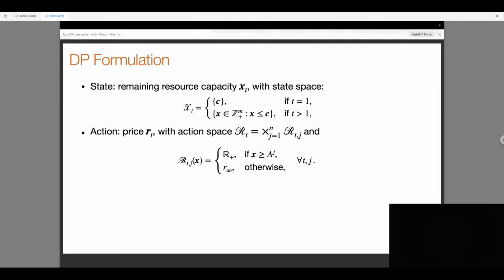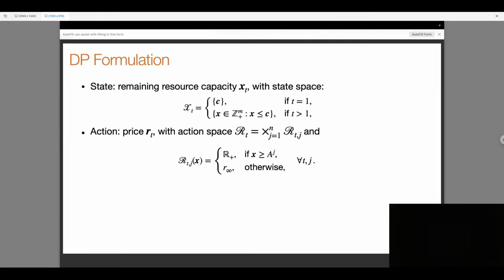And the action here is a price that is determined by the firm, with the action space R_t, which is a product of the R_tj. Here R_tj is all the possible prices given at time t for the product j, and we also have two cases for it.